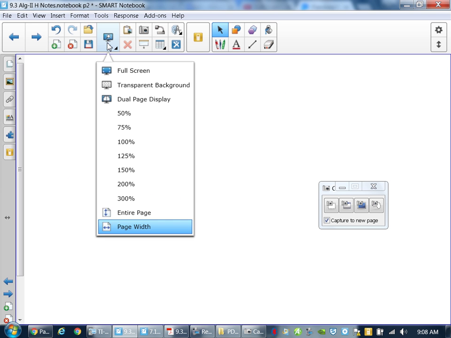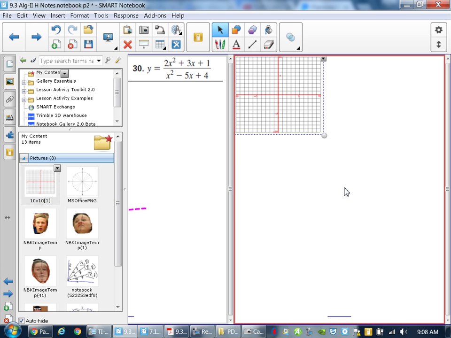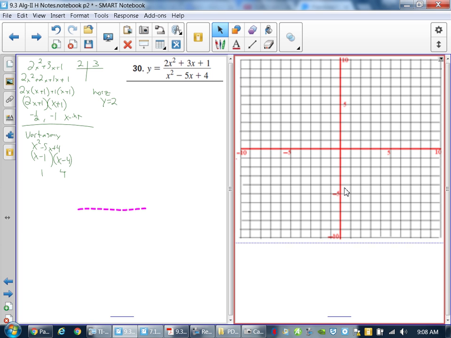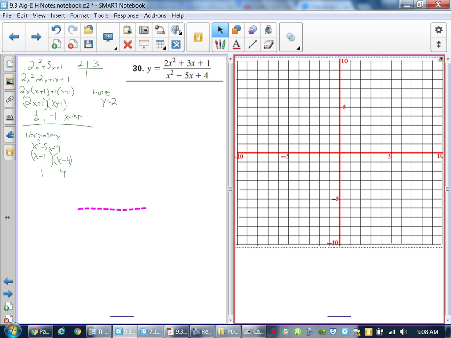So let's look at it. We have enough information to plot. We have -1/2, -1, 1, 4, and 2.